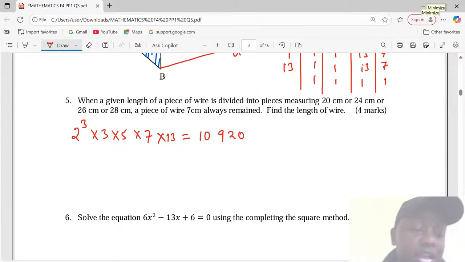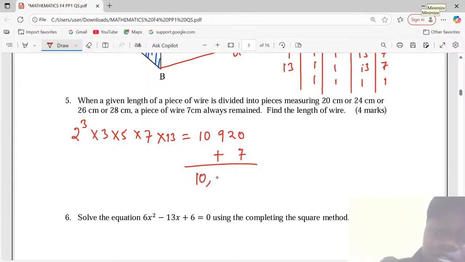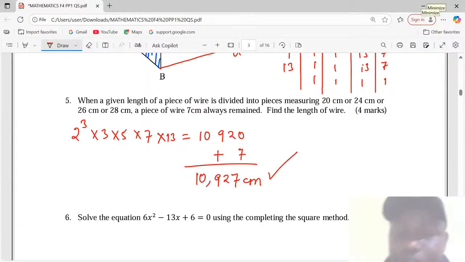10,920 is the length which can be divided by all of them without remainder. But now we are being told that there is always a remainder of 7. Therefore, we are supposed to add 7 here, so that we get 10,927 centimeters as the length of the wire, which when divided by 20, there is a balance of 7.